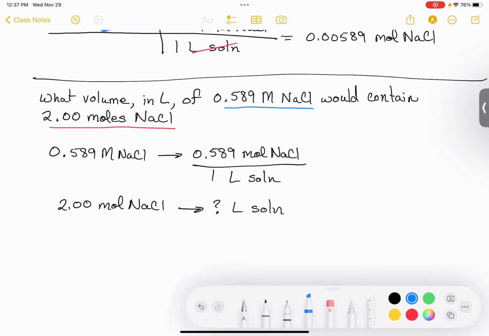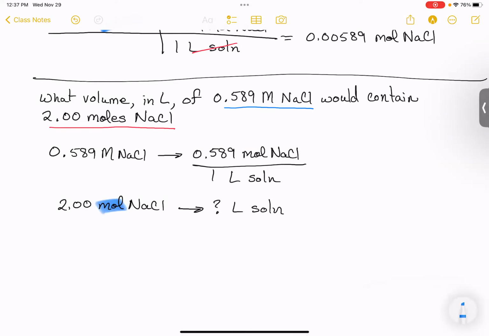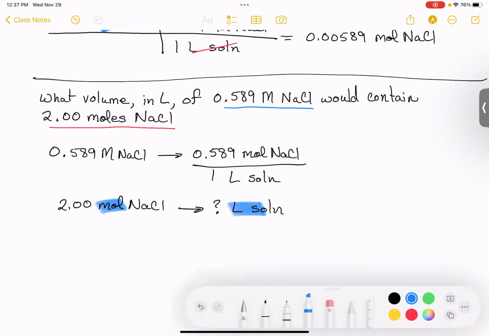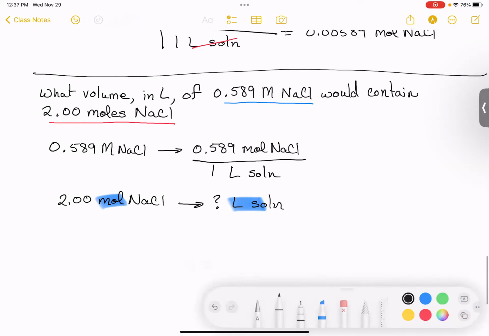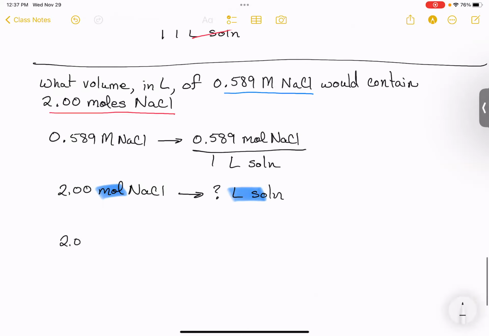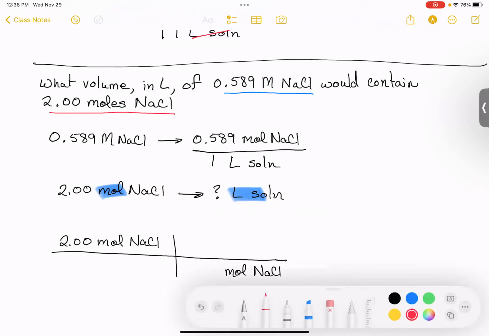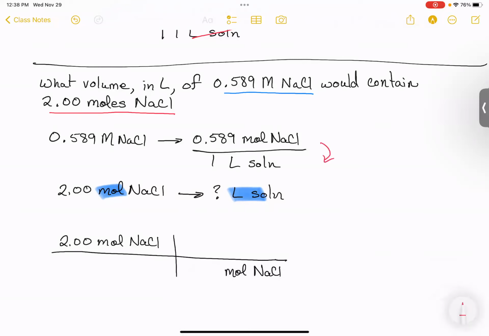Again, I notice that I have moles and I have liters. That means my molarity is going to be the conversion factor. So beginning this calculation, 2 moles of NaCl. Well, I need moles of NaCl to be in the denominator if they're going to cancel out, and the only way to achieve that is if I flip this molarity.